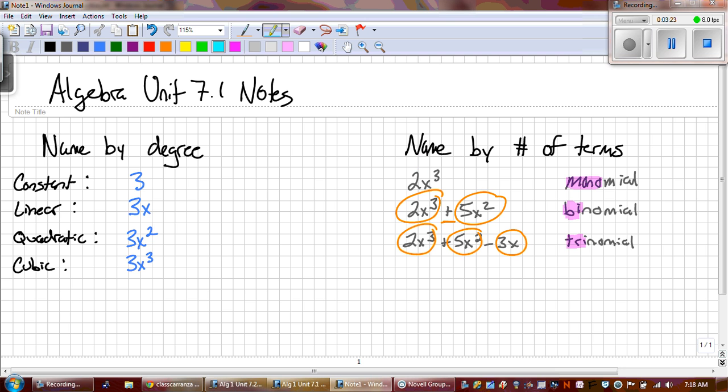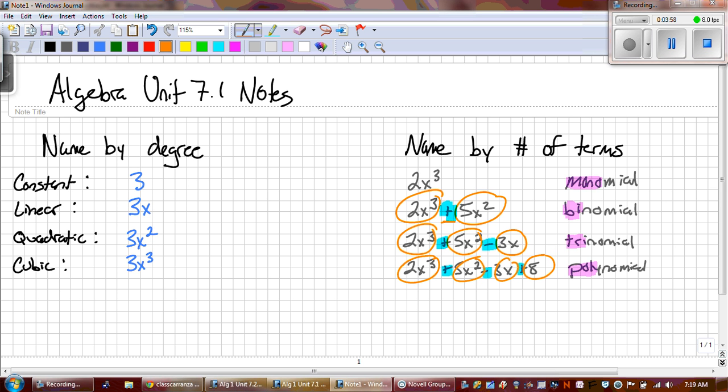And in between each one of those is addition or subtraction. Once we get past 3, anything more than that is called a polynomial. And poly, root word, means many. See how each term is separated by addition or subtraction.